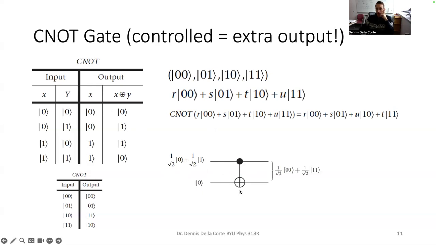And after they are subjected to the CNOT gate, they are living in this superposition state. Okay, and that we have seen before is an entangled state, right? This is the same thing that we had before: 1 over square root of 2 times the same vectors plus 1 over square root of 2 times the other vectors. Very nice.